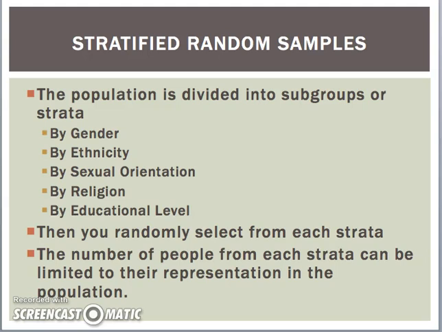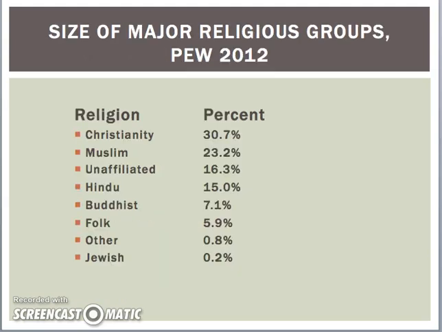So for example, let me show you an example here. According to the Pew Research Center, in 2012, the size of major religious groups, and I think this is actually in the world, with religions on the left and percent on the right, were Christianity, Muslim, unaffiliated, Hindu, Buddhist, folk religions, other, and Jewish.